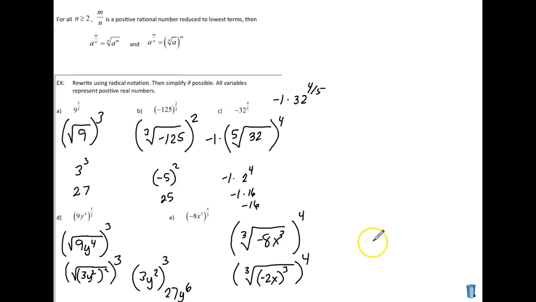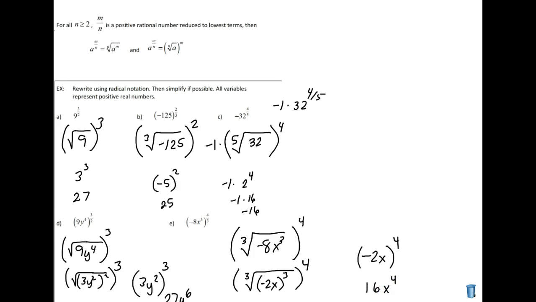So the cube root gives me negative 2x, and then I'm raising that to the fourth power. So negative 2 times negative 2 times negative 2 times negative 2 is a positive 16, and x to the fourth.